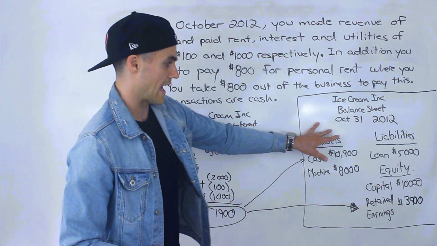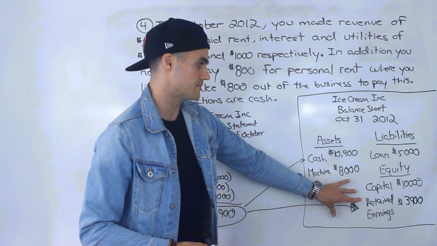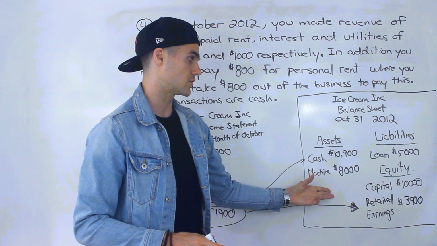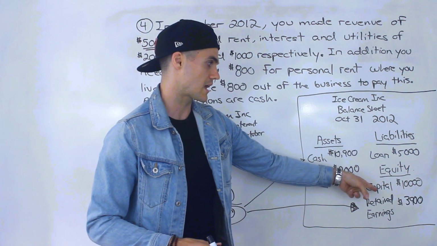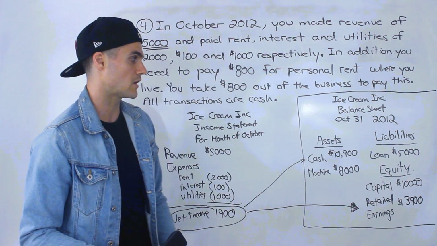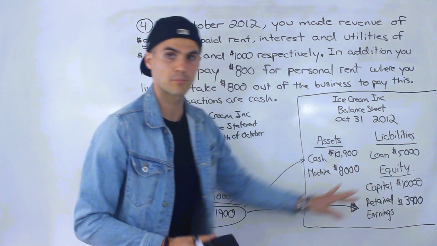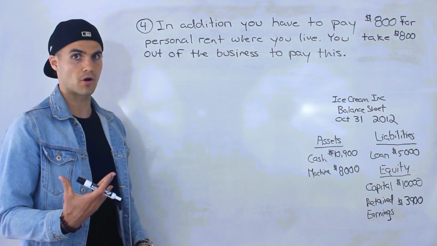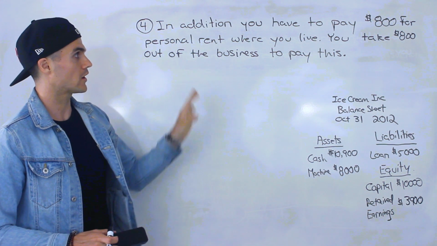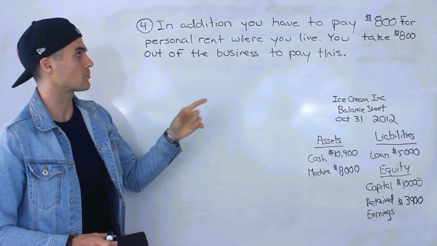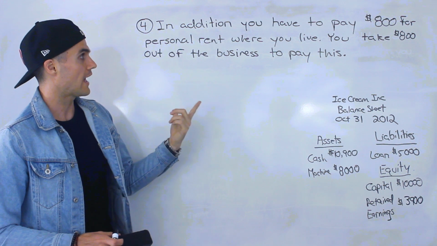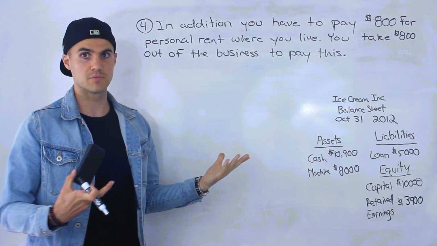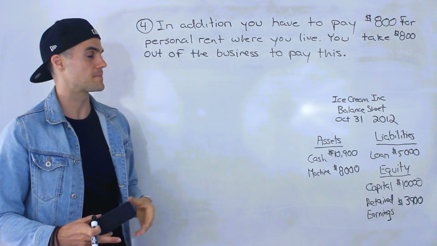And then notice if we add up the left side, it would be 18,900 on the left side, and then the right side would be 18,900 as well. Notice that the loan and the capital, those stay the same. And now let's deal with that last part of this transaction where you have to pay $800 for personal rent where you live, and you take $800 out of the business to pay this.